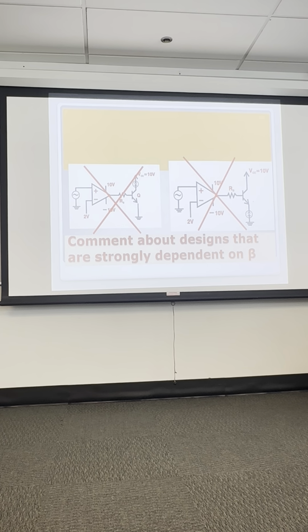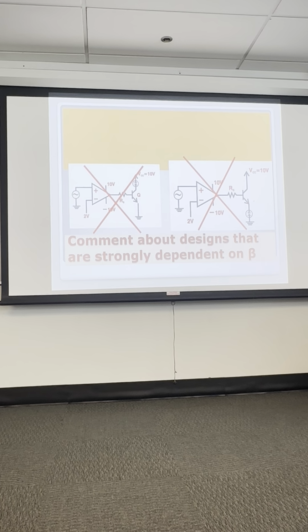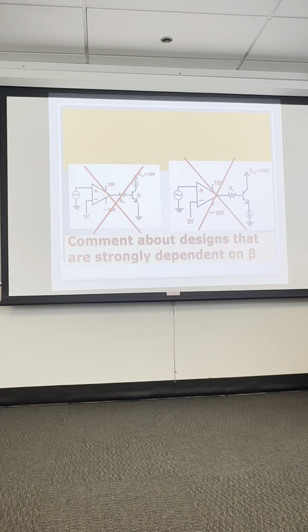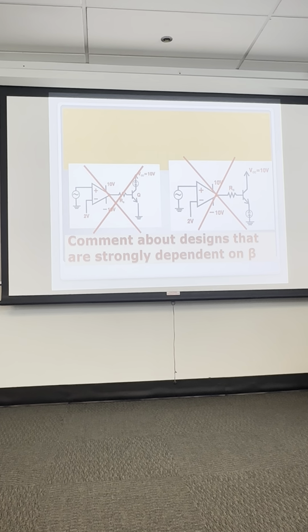And it turns out the second circuit, this scheme also has a beta dependency on the collector current. So neither one of these would be a manufacturable circuit. It would work as a hobby circuit, but if you're building hundreds of them, there would be failures due to the beta effect.